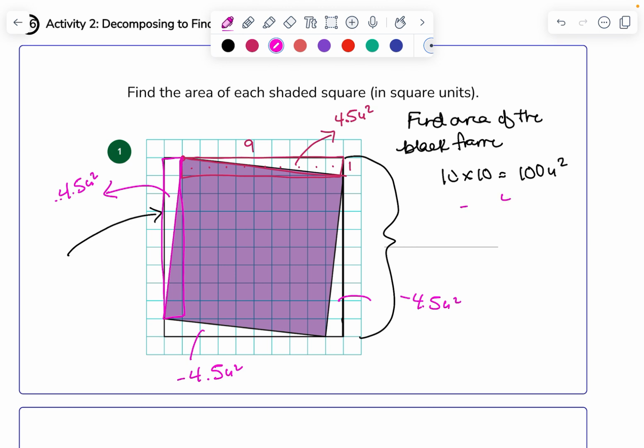So we're going to take away 4 groups of 4.5 units squared. Well, 4.5 plus 4.5 is 9, and 9 times 2 is 18. So we're going to subtract 18 units squared from 100, and we will end up with 82 units squared.